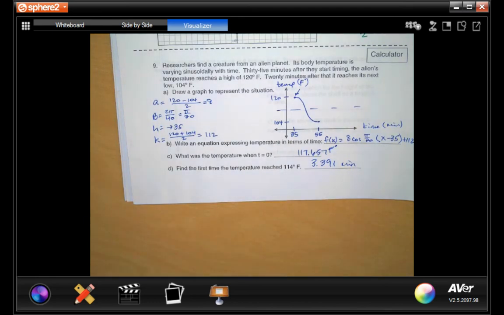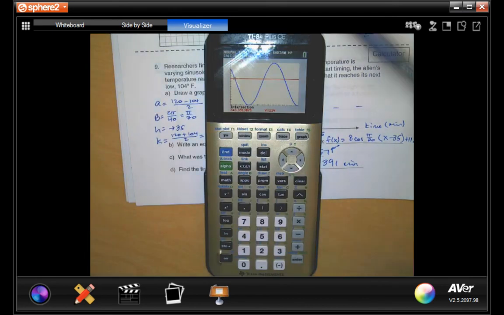When it starts us off with like 35 minutes away from 0, and it asks what was the first time the temperature reached a certain number, you start from 0. Because they only marked the high once it got over here.